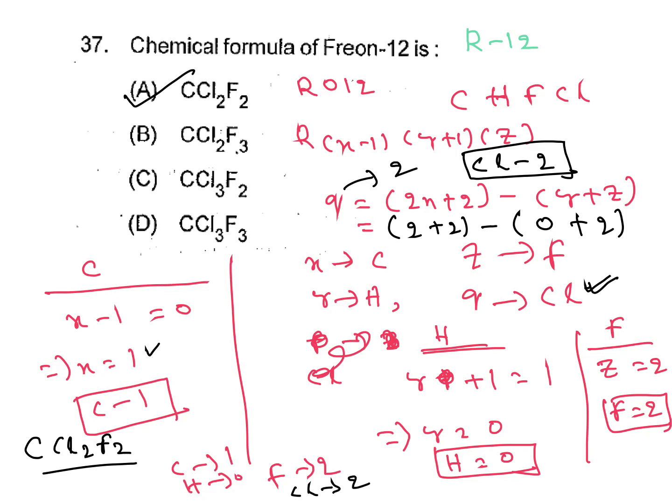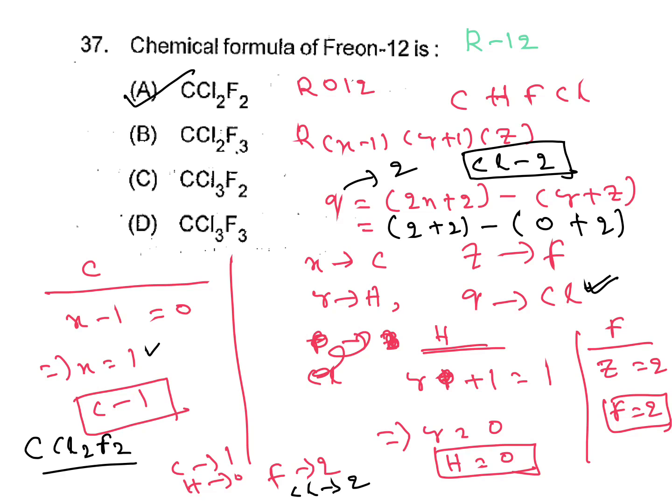Small units we are using R12. Sometimes they are asking which one you are using in a household refrigerator. So the answer is R12. Its chemical formula is CCl2F2. How to calculate this one I already gave.